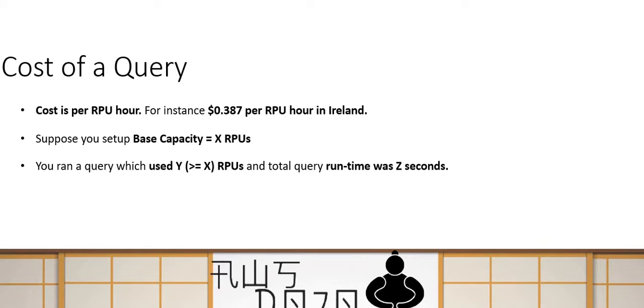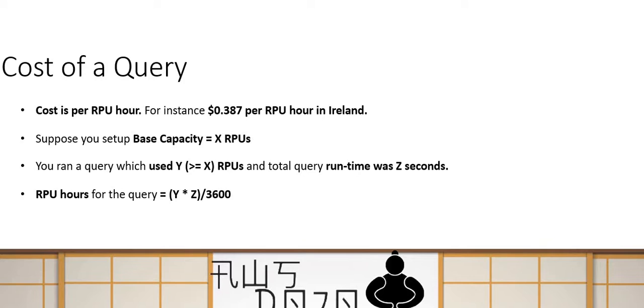Suppose this query ran and used Y RPUs, greater than or equal to X, and this query then ran for Z seconds. In Z seconds, it gave me back a result. So what does the RPU hour look like? The RPU hour will be Y times Z divided by 3600. So basically number of RPUs times how many seconds, divided by 3600.